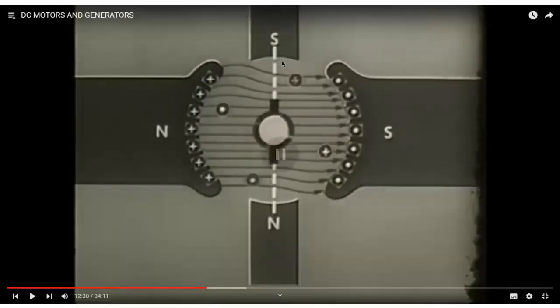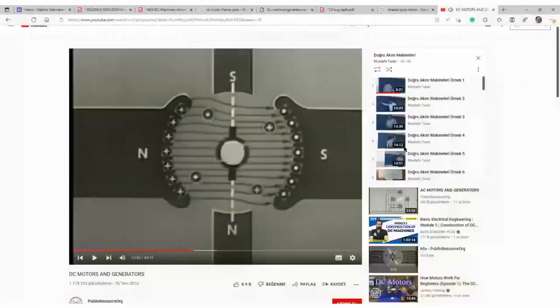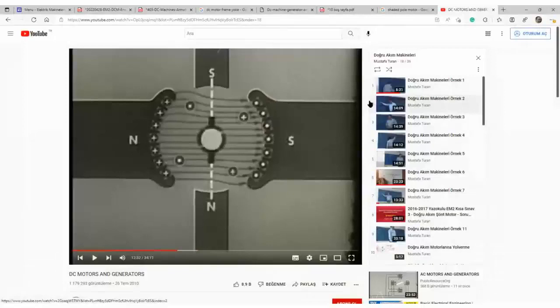The other method is using compensation winding to overcome the rest of the problems, the saturation problems down here. All those are adverse effects of armature reaction. Okay, you can follow this video. It is 34 minutes and very clear to understand. Only take care of the current and electron flow direction.